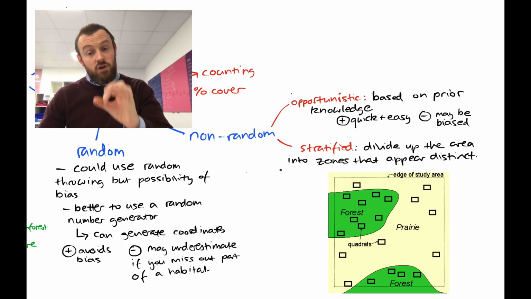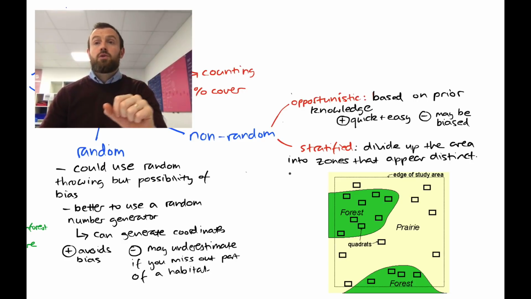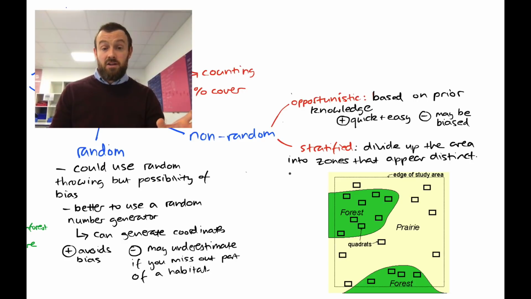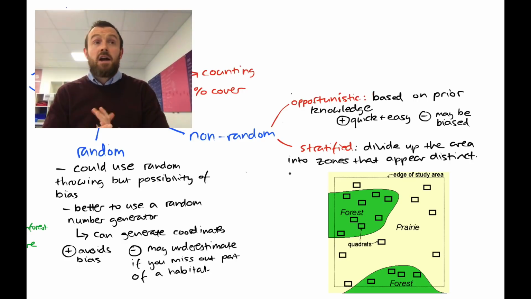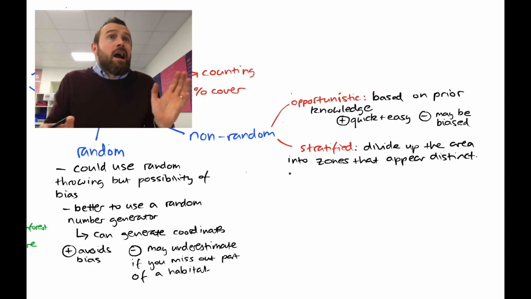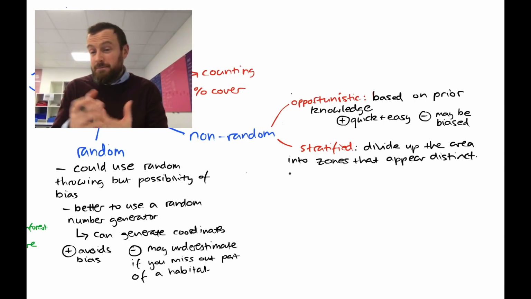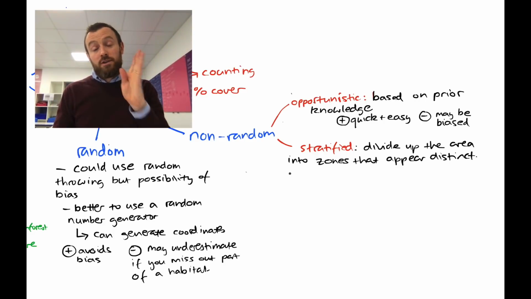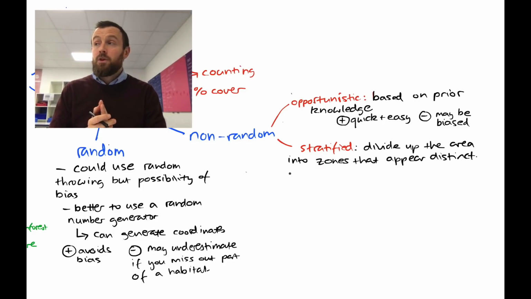And typically you should do this according to the ratio of areas. So maybe you've got a field and you know that 40% of the field is very dry, 40% of the field is a little bit hilly, and 20% of the field is marshy. So if you know it's 40, 40, 20, you would also want to split up your quadrats. Let's say you did 100 quadrats, you'd also want to split them up in a 40, 40, 20 ratio.